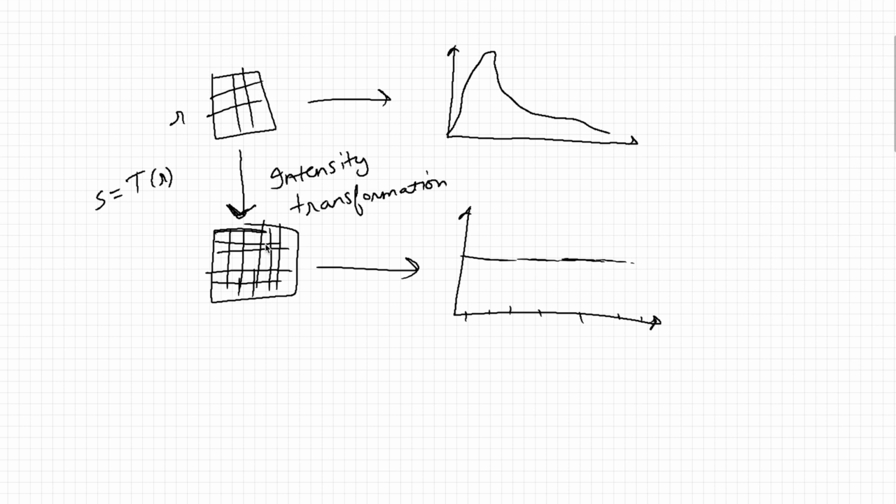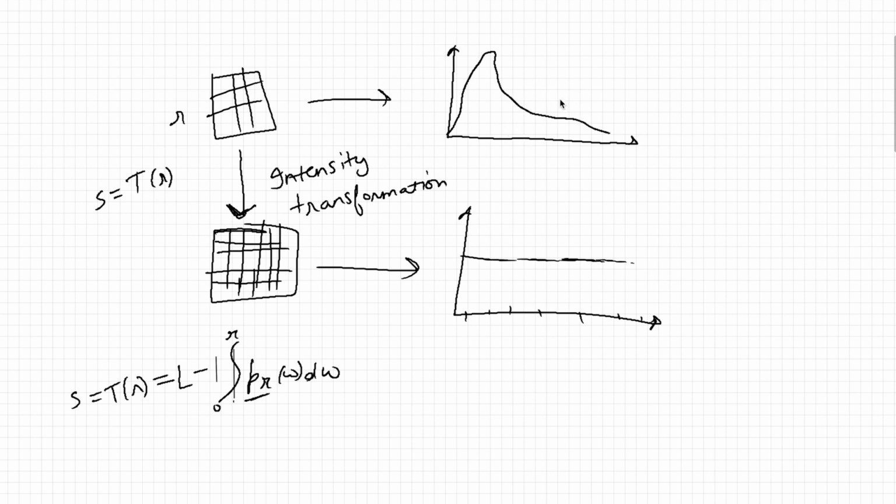And very interestingly, S is equal to T of R, which is equal to L minus 1 times the integration from 0 to R of P of R of W dW. Alright, so this is a fancy looking equation. Now what is P of R here? P of R is this distribution.